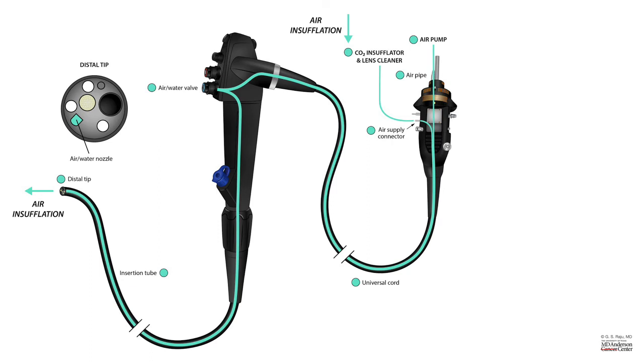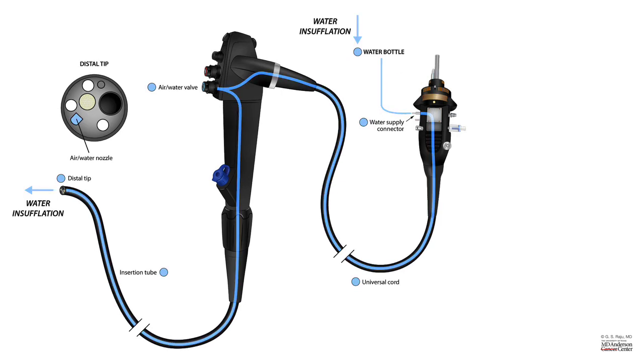As you can see, there is an air insufflation CO2 insufflation connector, and there is an air pump, and when you press on the blue button, gently occlude the button, then air or CO2 comes up, and that's the path. As you can see, umbilical cord, scope head, insertion tube, and through the air water nozzle it comes out.